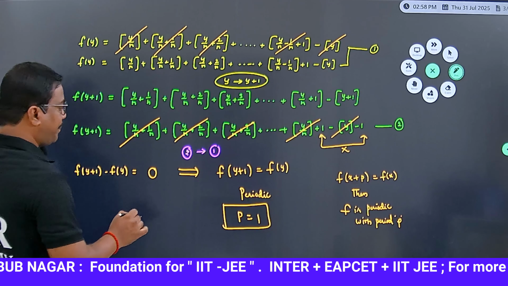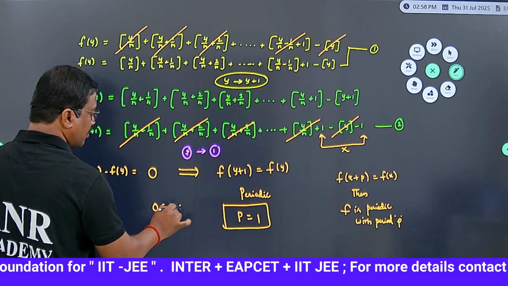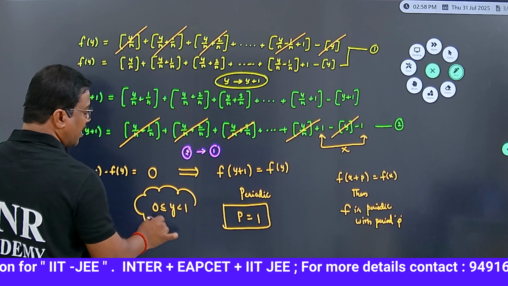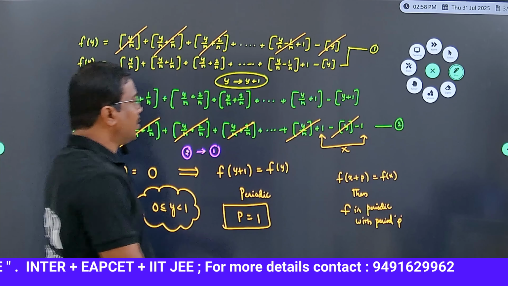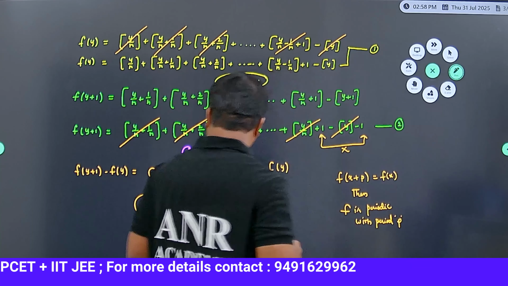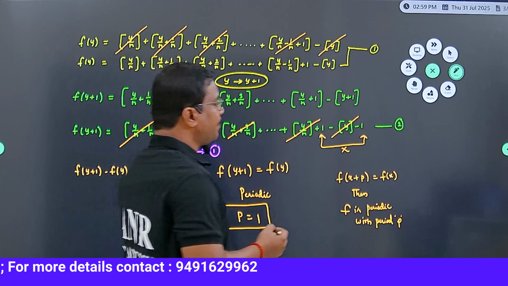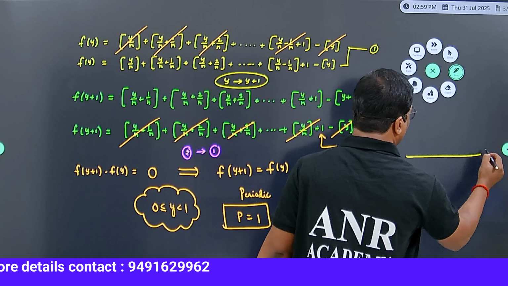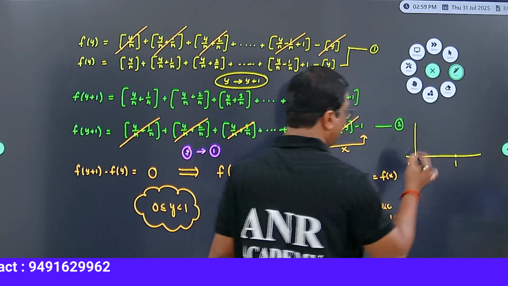So from 0 to 1, whatever graph you have, the same graph repeats. So here I can say, first in the interval 0 to 1, let us cross check the graph. Only in the interval 0 to 1. Here it is 0, 1.